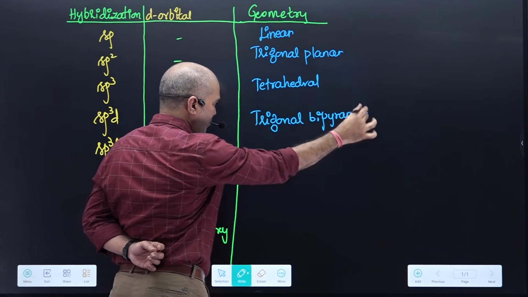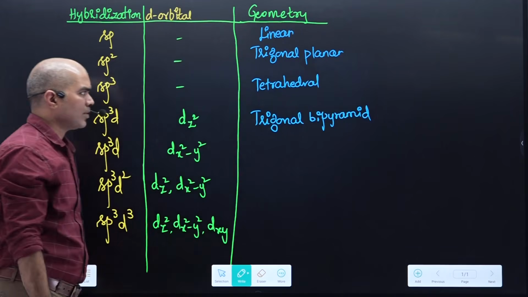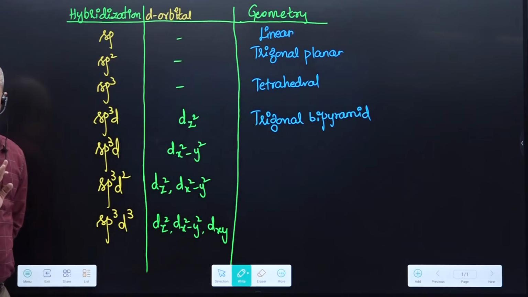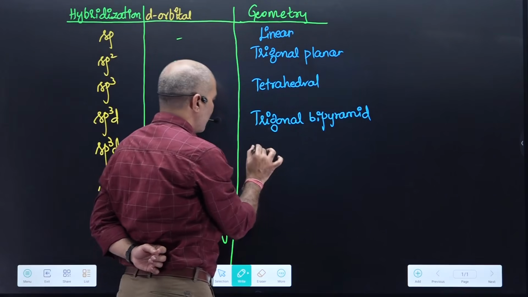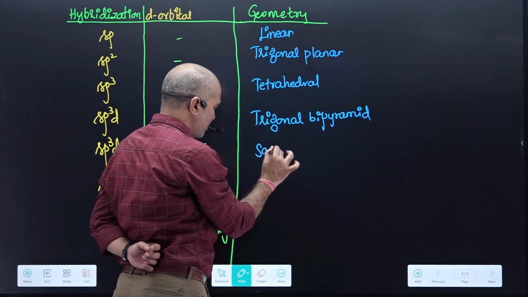In trigonal bipyramidal geometry, which d orbital is involved? It is dz square only. If dz square is involved, it is TBP. If dx square minus y square is involved, it is square pyramid geometry.